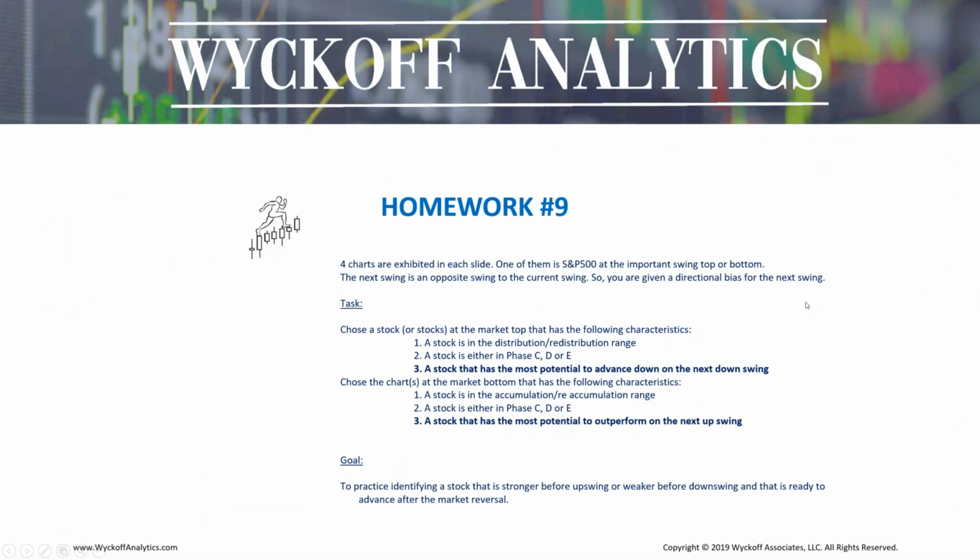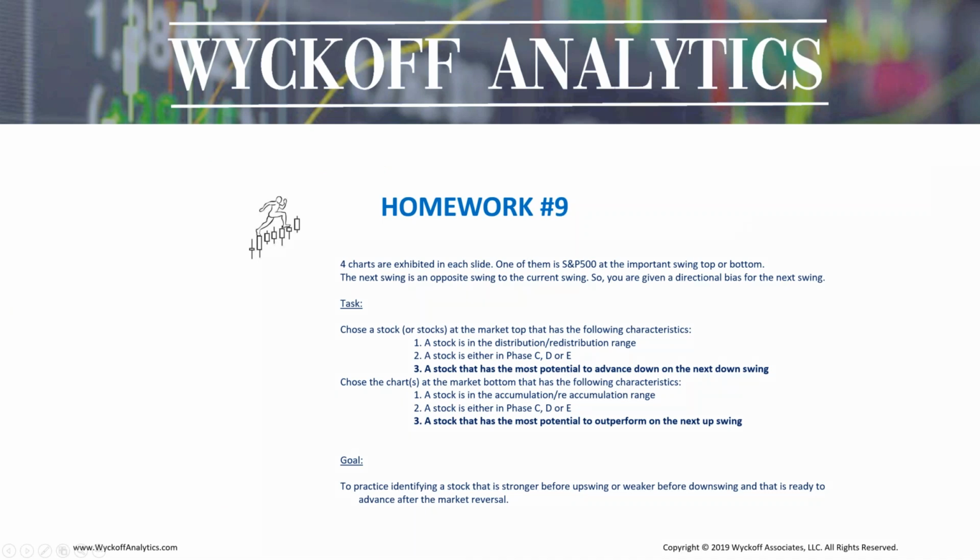All right, a homework. The homework is going to be 4 slides. On each slide, you're going to have a market proxy, the S&P 500.